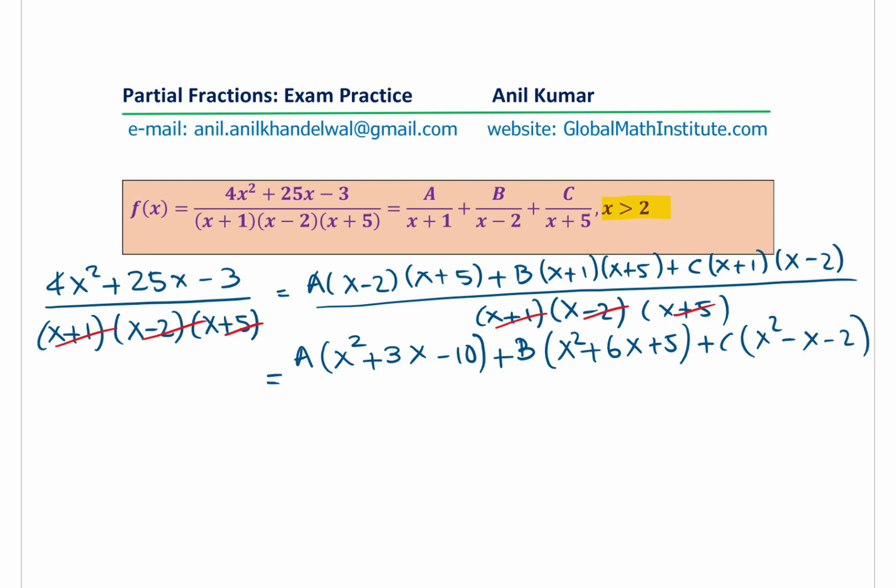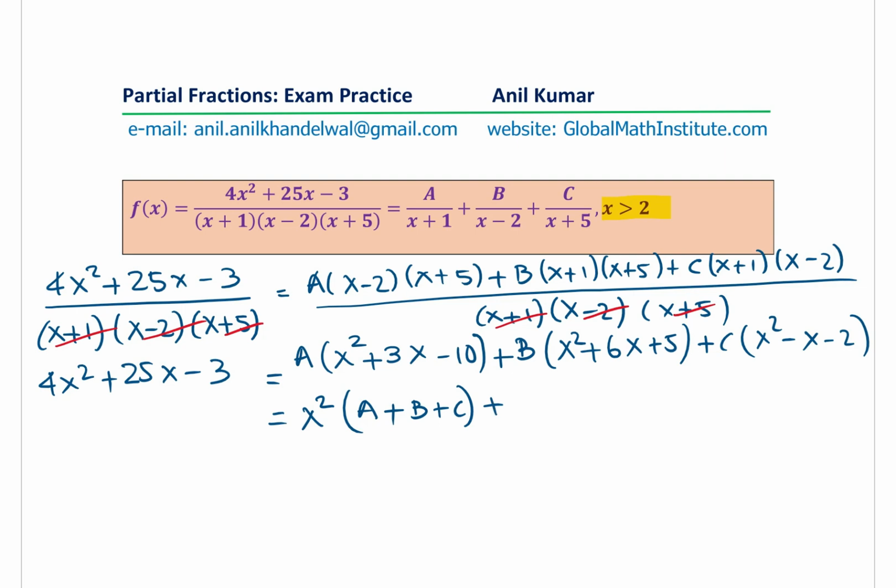So that is what you get on the right side, and on the left side you have 4x squared plus 25x minus 3. You could actually collect the like terms, x squared being common factor, you get a plus b plus c.